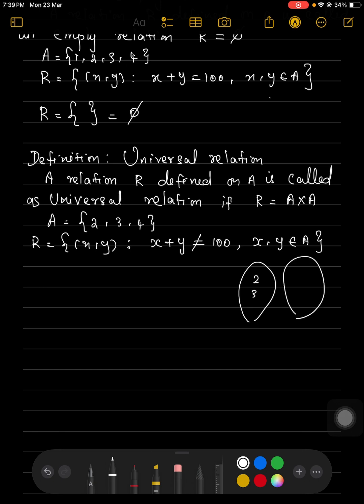If I say 2, 3, 4 and 2, 3, 4, you try with 2, 2, 2, 3, 2, 4. What is the condition I have given? Sum is not equal to 100 and both elements should be from A itself.